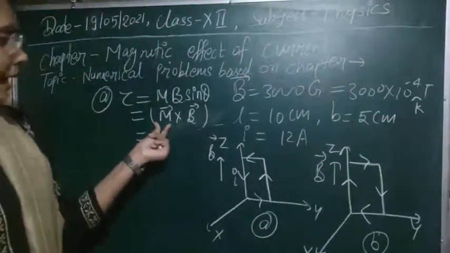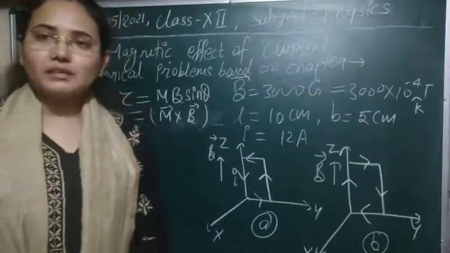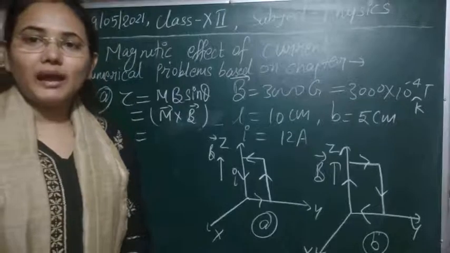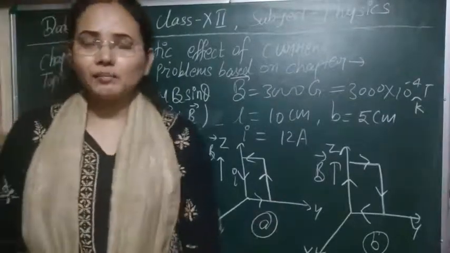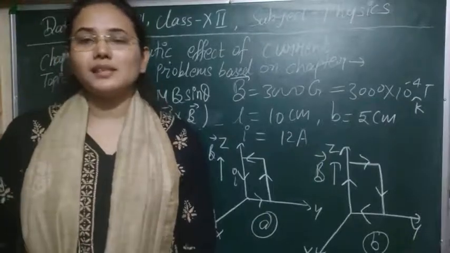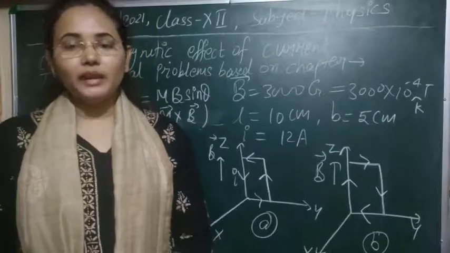But the magnetic moment, how can you find the direction of it? The magnetic moment's value is equal to I into A. So here the direction of the magnetic moment is exactly the same as we derived for the direction of the area vector.